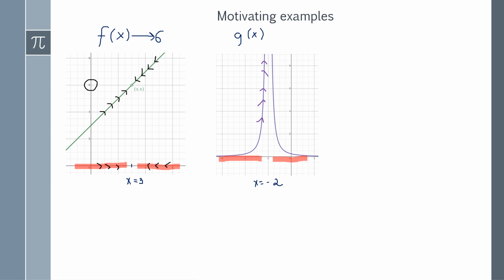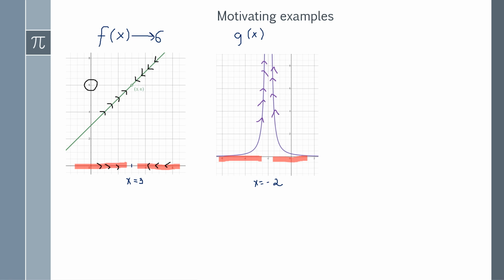Okay, similar, right? So as we approach x is equal to -2 from the right side, what happens to the right branch? The right branch is also going to positive infinity.